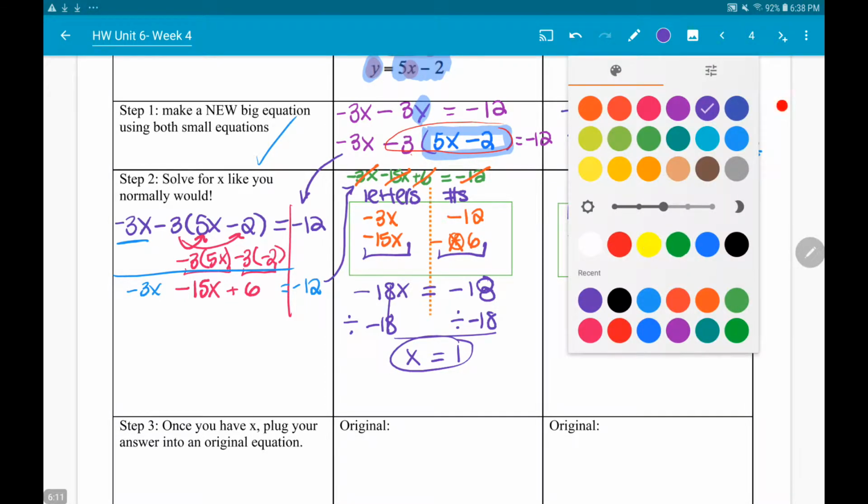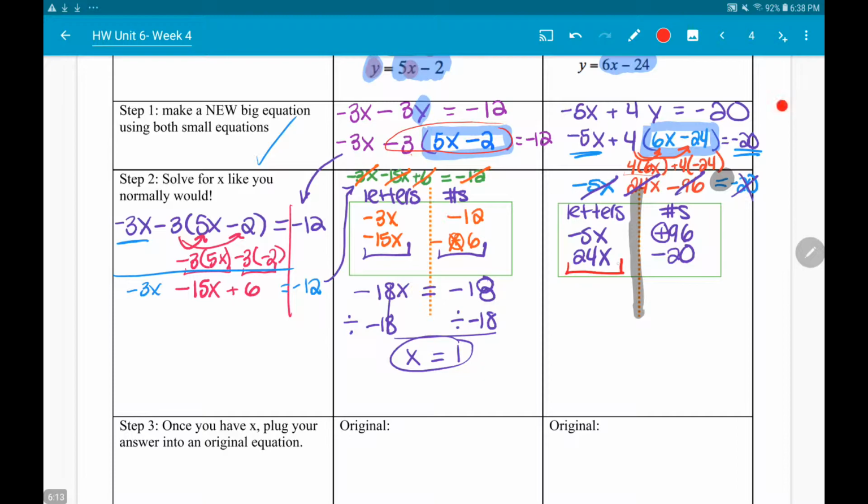All right, we simplify. So I get 19x and 76. Last step. X equals 4.